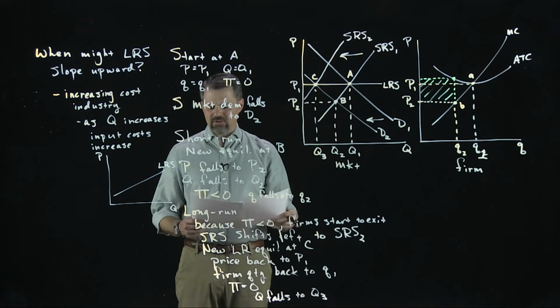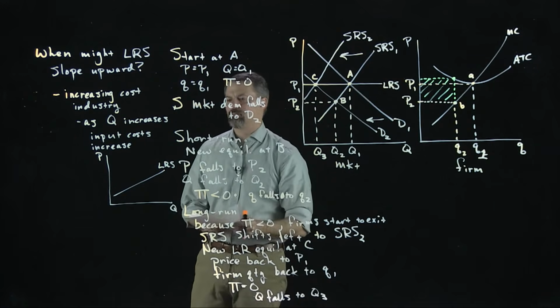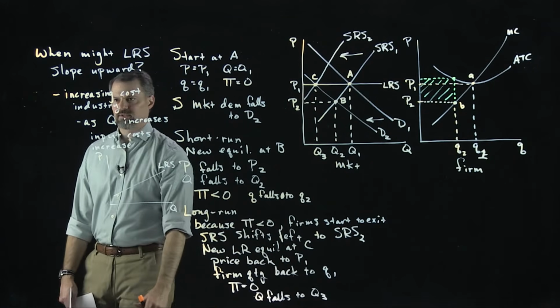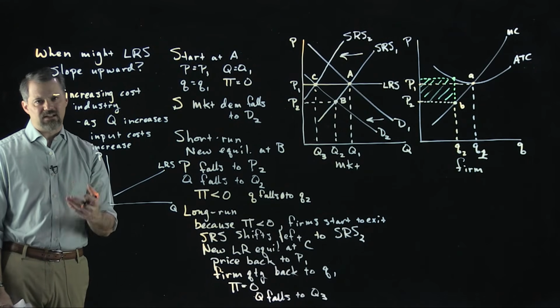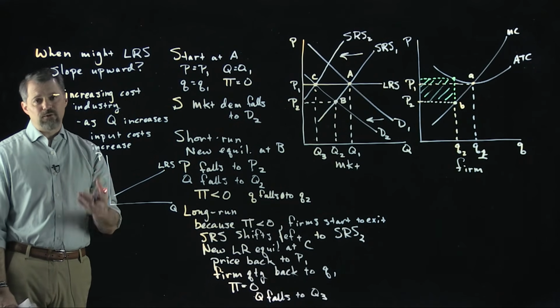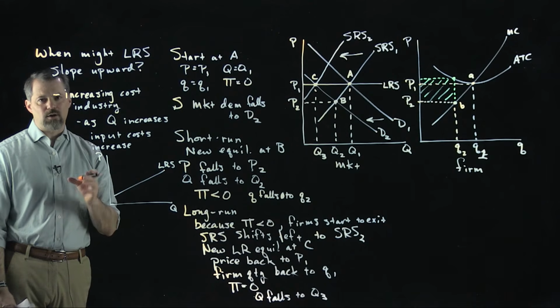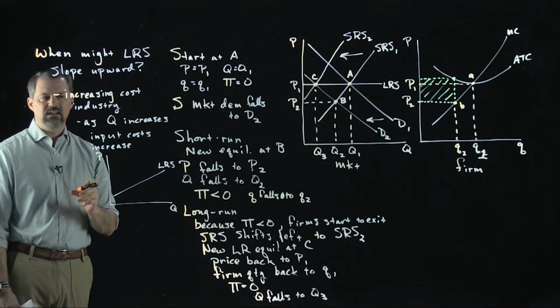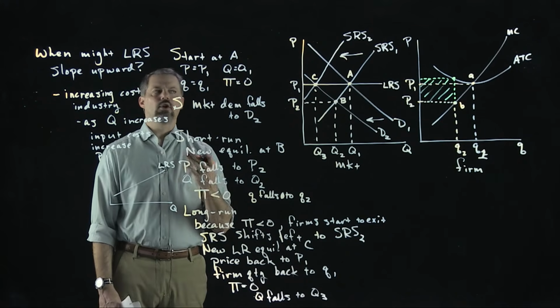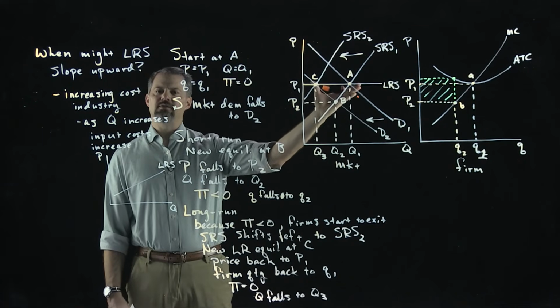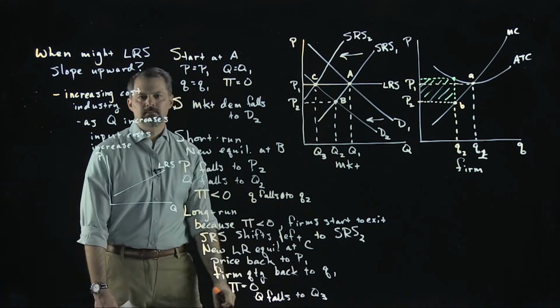It's also the case that you could have some firms with better technology than other firms. Okay, so if we relax the assumption that all firms have the same technology, or the assumption that all firms have access to the same inputs, if some firms have access to cheaper inputs, then those firms will have cost curves that are lower than the other firms.